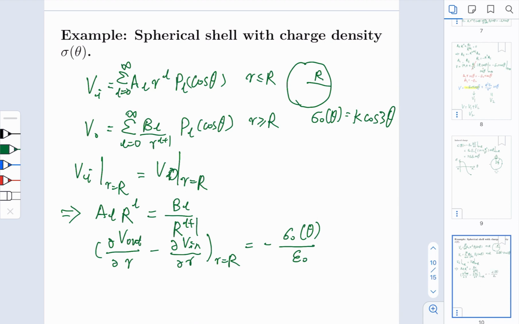This one is the general expression for a given surface charge, and what's the relationship between the derivative of the potential and the surface charge.